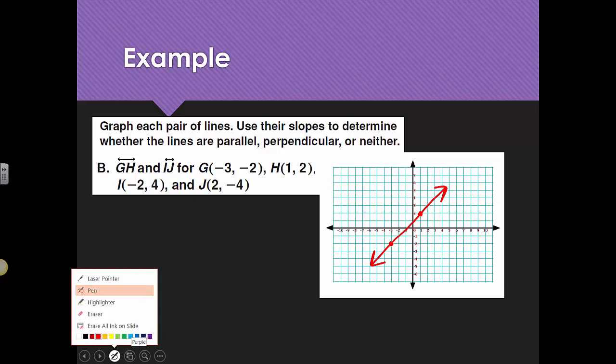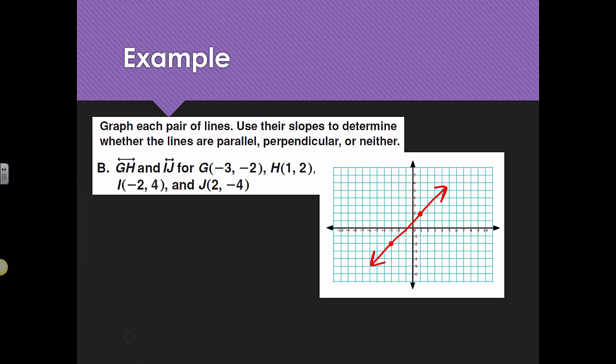I'm going to grab blue again this time. And I'm going to graph line IJ. I is -2, 4. So there's I. And J is at 2, -4. So it's there. So here are our two lines.